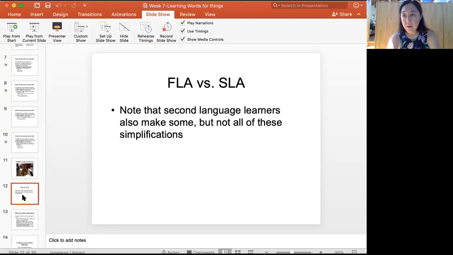Second language learners like us have Japanese as a first language and are learning English as a second language.